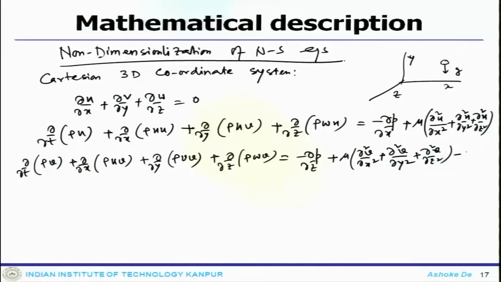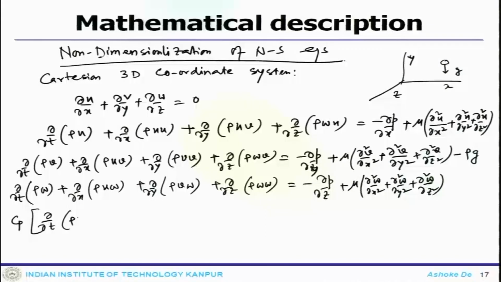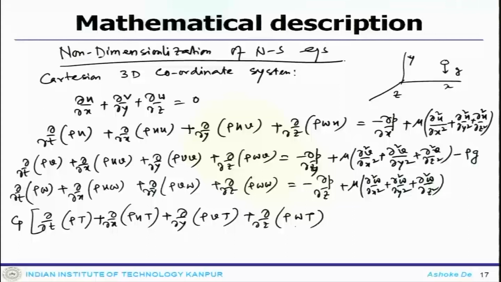So you take rho g in the y momentum equation, and del t of rho w plus rho u w, rho v w, z plus, and the temperature equation, if you write Cp del t rho T plus del x of rho u T, rho v T equals to kappa del 2 T by del x2 plus.